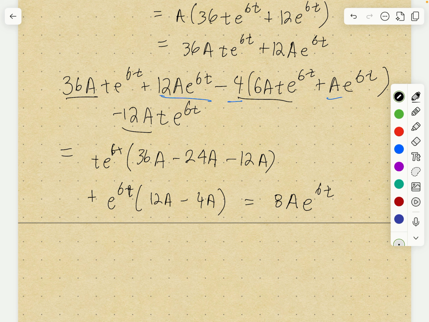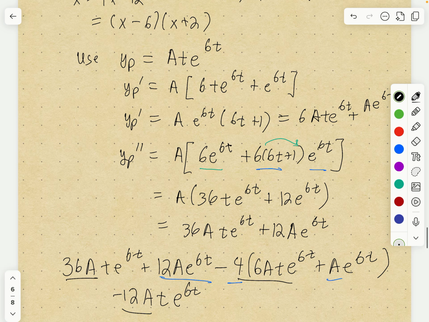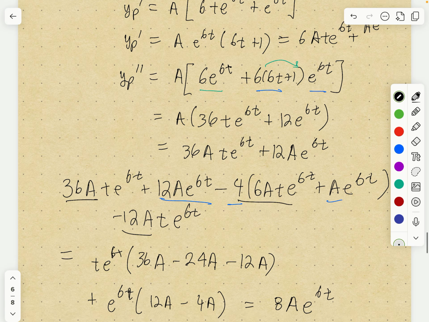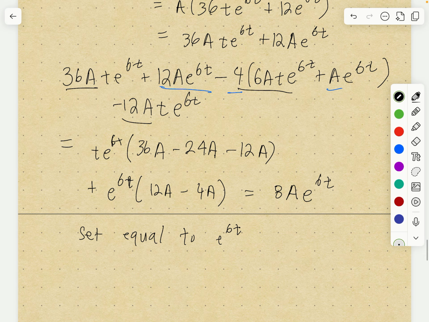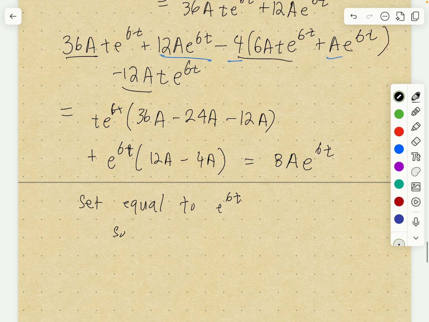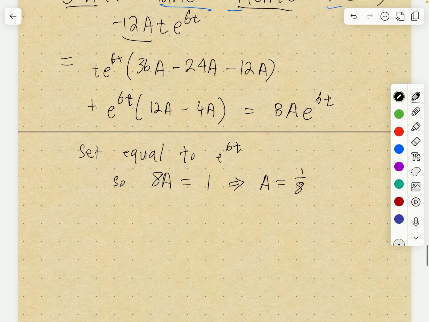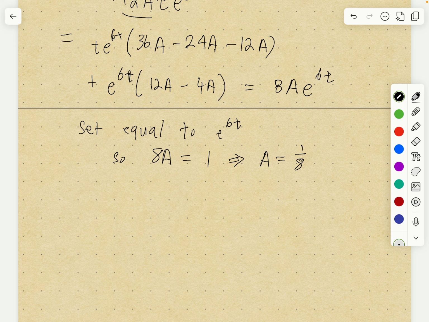And we want this equal to, so that's the left-hand side, 8a e to the 6t, and then the right-hand side is going to be e to the 6t. Well, that tells you that 8a is going to be equal to 1, right? So that implies that a is going to be 1 over 8. So our yp is going to be 1/8 t e to the 6t.